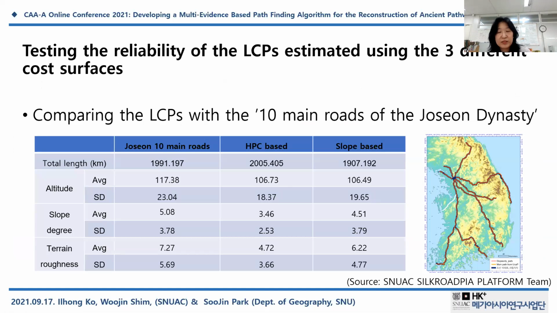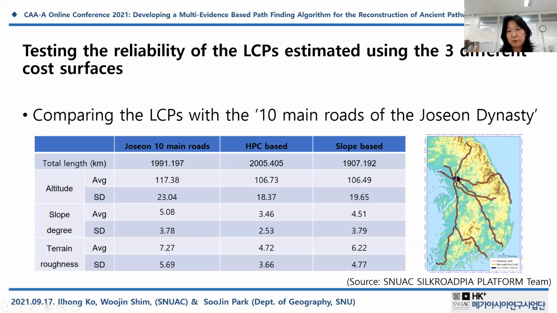Now, what we did in this case was calculate the least cost paths in the traditional way, so not using the node link base map. And we compared our modeled paths with known paths, which are the 10 main roads of the Joseon dynasty. These are the 10 main roads that connected the Joseon dynasty, and we know where they passed.